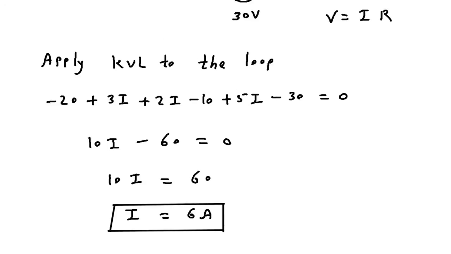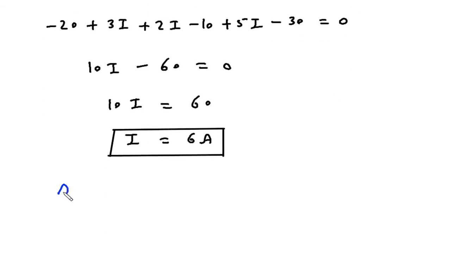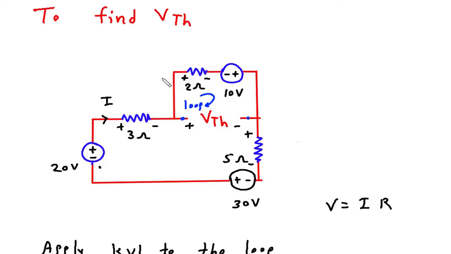We have to find the value of VTH. So let's say this is loop number 1. Now we will apply KVL to loop number 2. We will start from here.